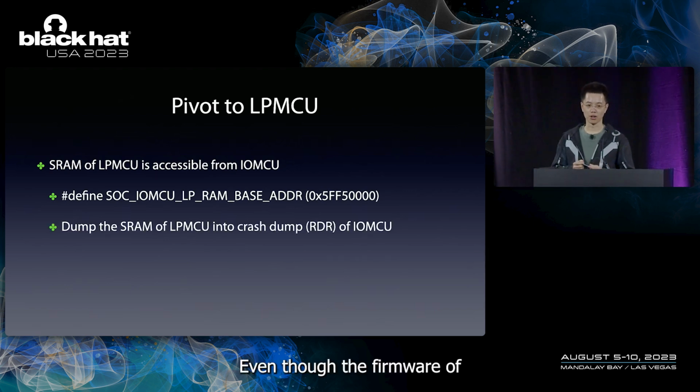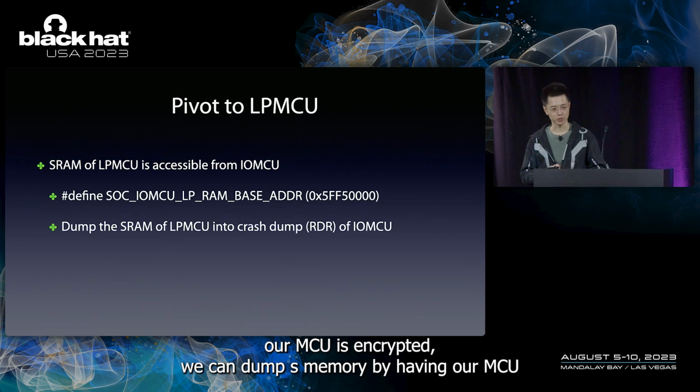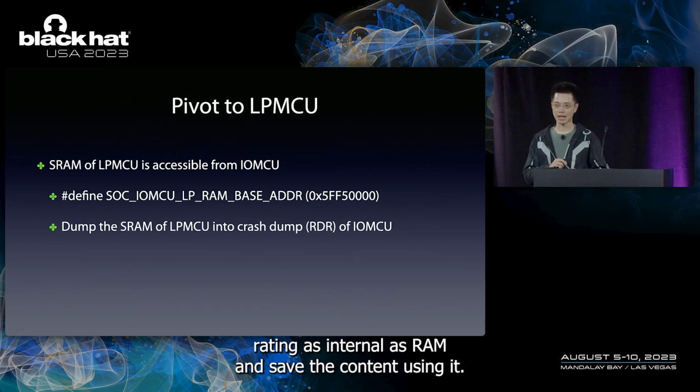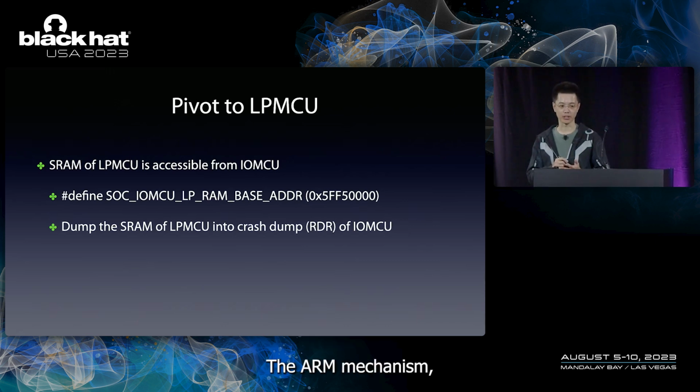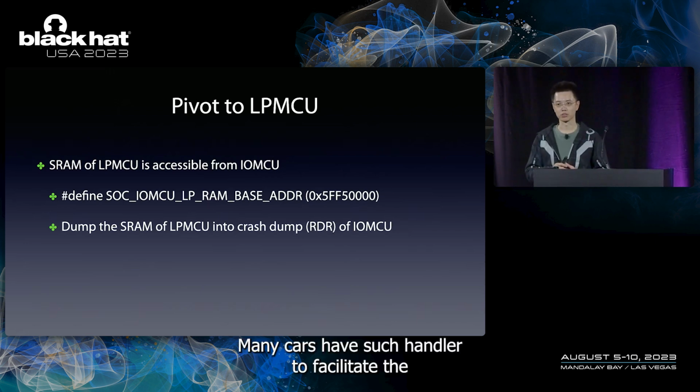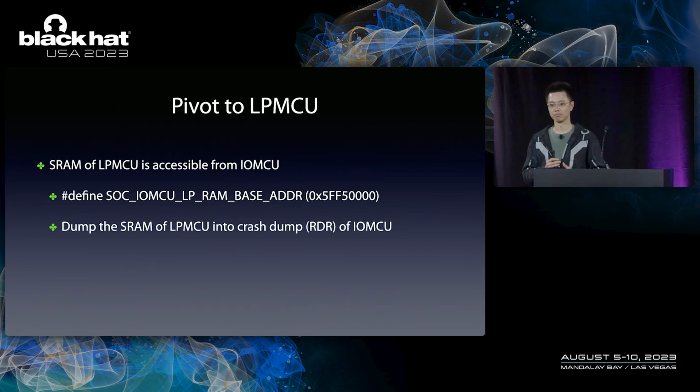Even though the firmware of LPMCU is encrypted, we can dump its memory by having IOMCU read its internal SRAM and save the content using an RDR mechanism, which functions similarly to a last message during a crash. Many cores have such handlers to facilitate the RDR process.